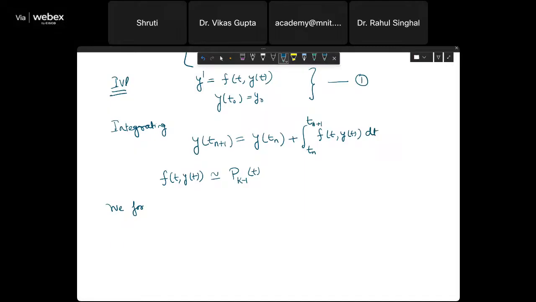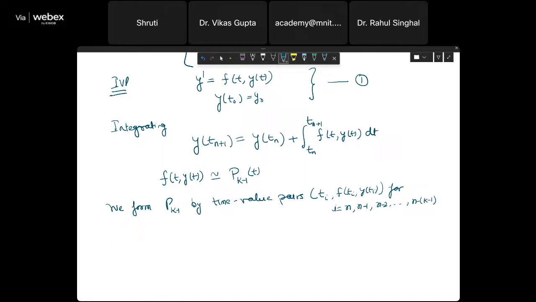Here, as I said, we form this polynomial of degree k minus 1 by using time value pairs (ti, f(ti, y(ti))), for i as n minus 1, n minus 2, and so on, up to n minus k plus 1.